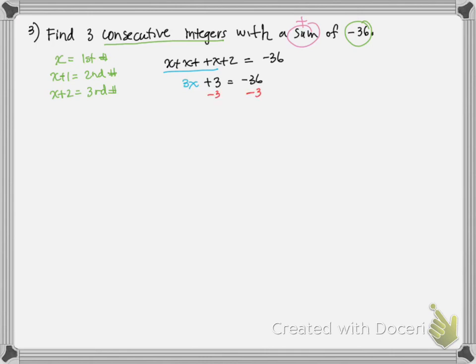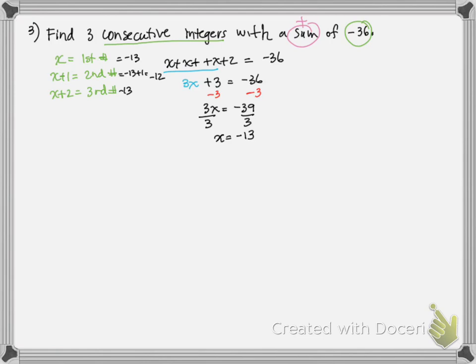So subtract 3 from both sides. And we get 3x is equal to -39. And then we divide both sides by 3, and we get x equals -13. So the first number is -13. If I take -13 and add 1 to it, I get -12.